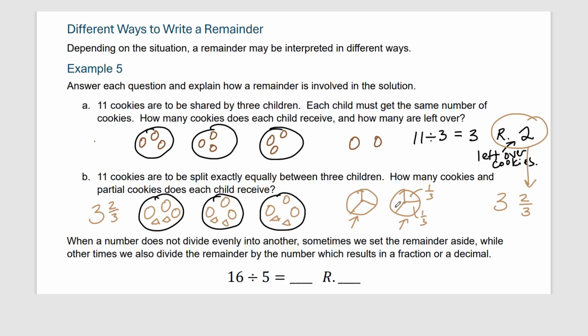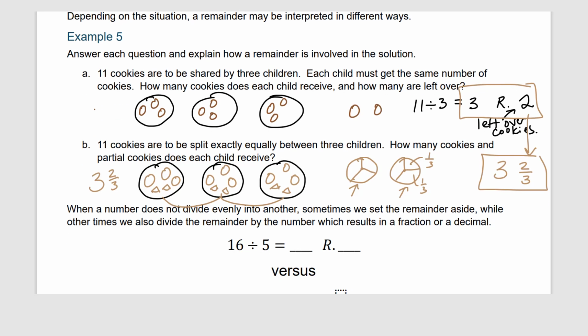Now, it's not a coincidence that we had a remainder of 2 here, and down here we have 3 2/3. What did we end up doing? We had to divide those 2 cookies into 3 pieces in order to fit them on the 3 plates. So, a remainder can be represented both as just a whole number left over or as a fractional leftover. 3 2/3 is the same result as saying 3 with a remainder of 2, since we were dividing by 3.